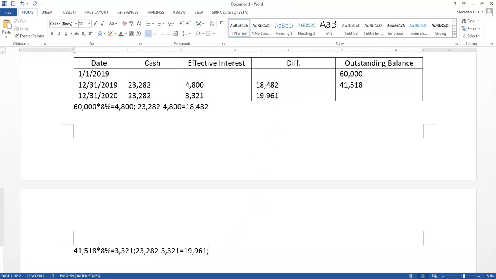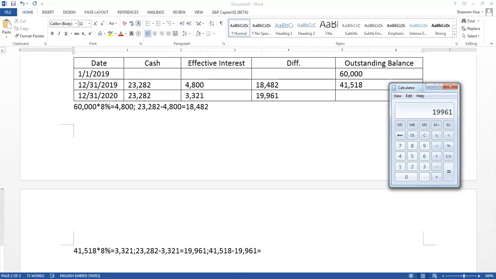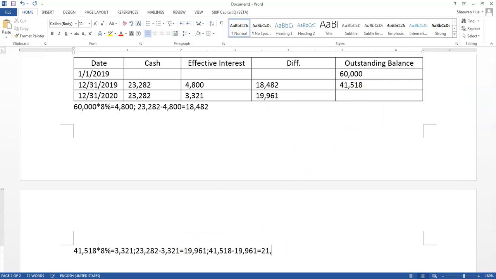So the new outstanding balance is from the previous $41,518 subtracted by the portion you paid off in 2020. The remaining debt to the lender is $21,557.